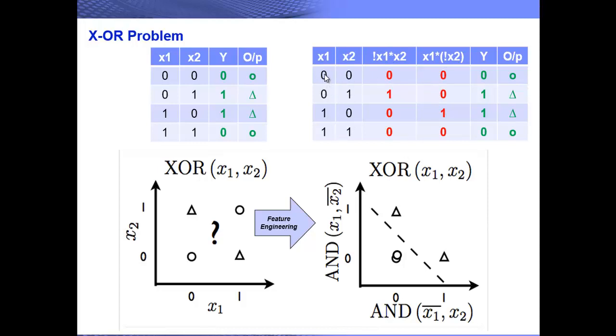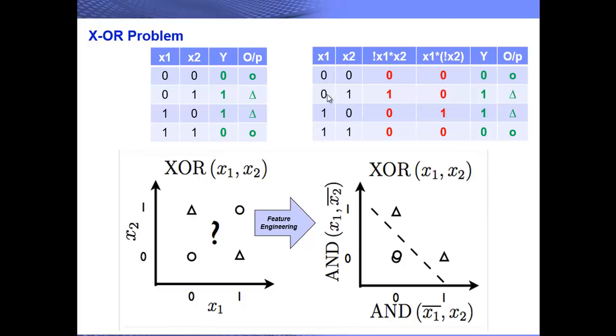So what is it going to be? For 0 and 0, if we put 0 as x1, x1 bar is going to be 1. x2 is already 0, so it's going to be 1 into 0, which is 0. For the other, x1 is 0 and not x2 is going to be 1, so 0 into 1 is 0.